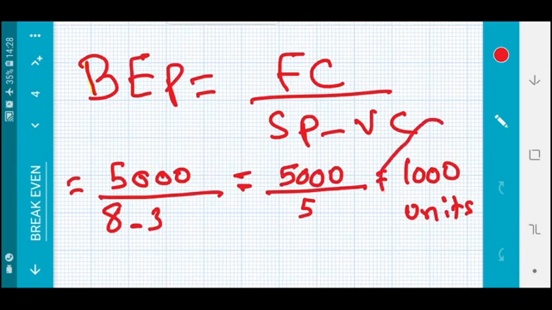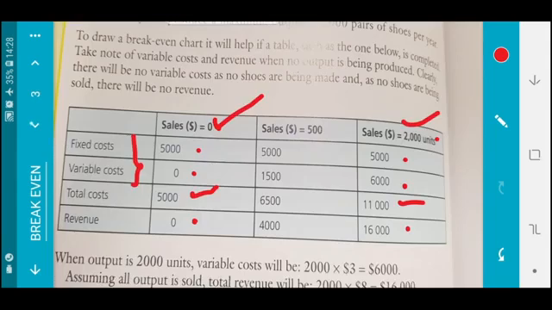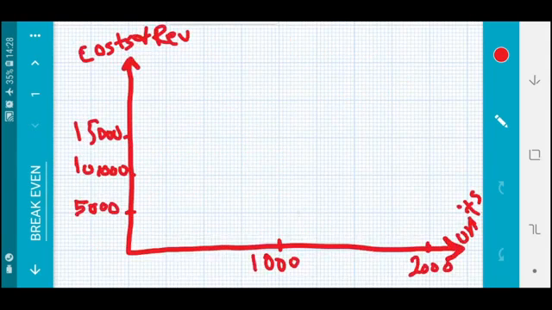So now I know that the business should produce 1,000 pairs of shoes so that it makes no profit, no loss. So if I go back to my graph, I understand that there will be a point somewhere, an intersection between the total cost and total revenue, because as I said, total cost equals total revenue, and that's what we call the break-even.